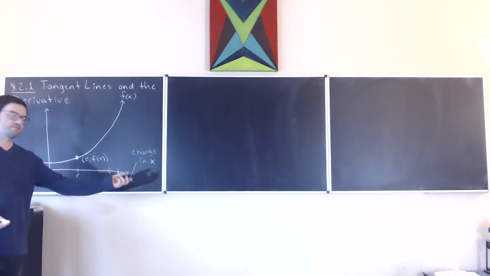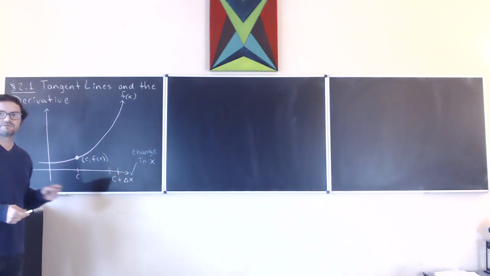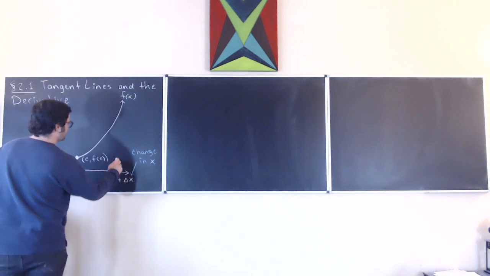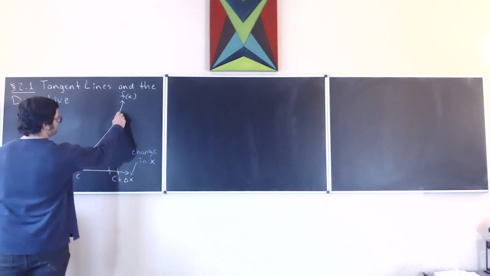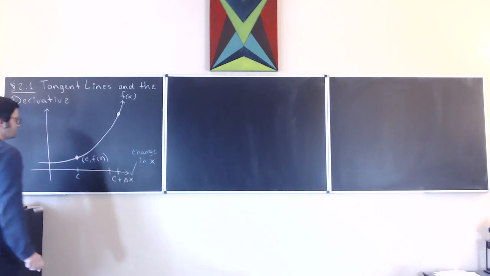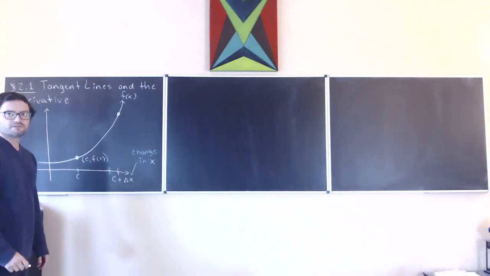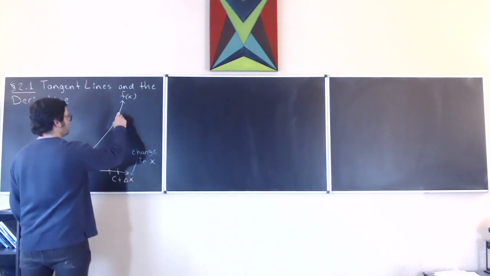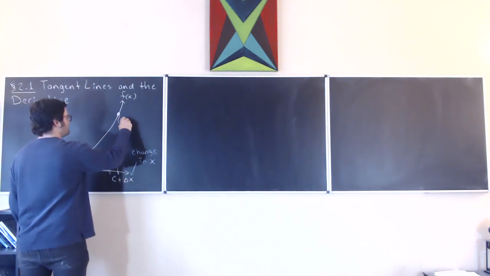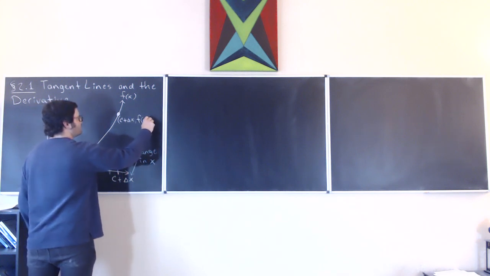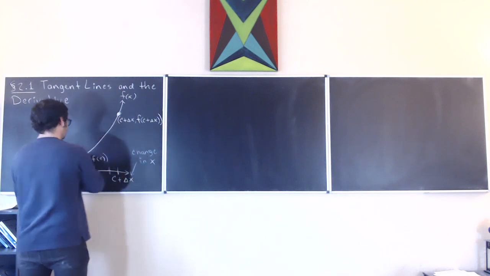So I add delta x or I subtract it, and I'll move to the left and the right of that point c. So here, if I come up to the function, there is another point on this function that is evaluated at this. So this is the point c plus delta x comma f evaluated at c plus delta x. Okay.